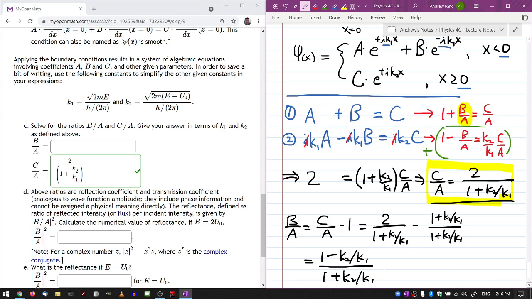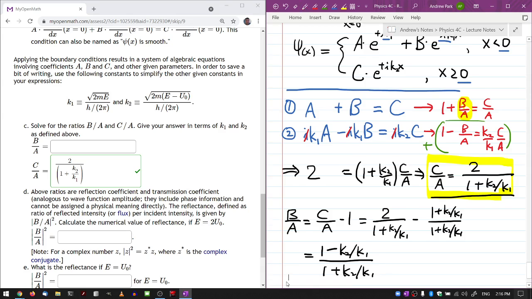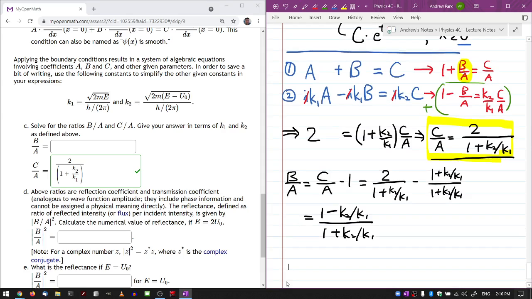Oh, I'll bet I can simplify it even more. I can multiply top and bottom by k1, and when I do, I'll get k1 minus k2 divided by k1 plus k2. I think I like the symmetry of this solution.